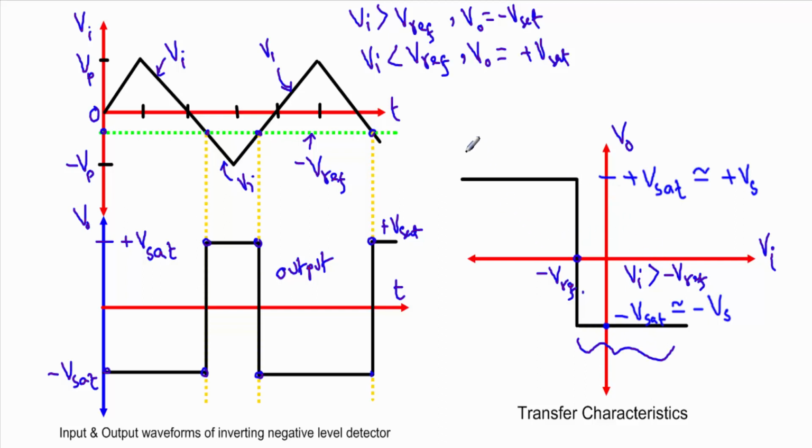For the points lying to the left of this point, our input voltage will be less than our negative reference voltage. That means input voltage will be more negative than this negative reference voltage. In that case, our operational amplifier will operate in the positive saturation region, and the positive saturation voltage will be nearly equal to plus Vs, and the negative saturation voltage will be nearly equal to minus Vs.